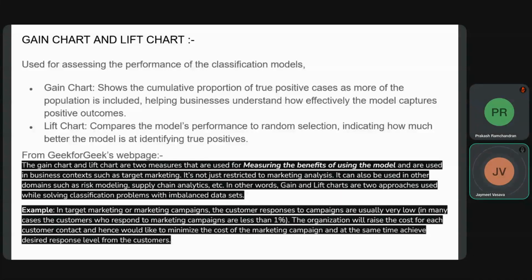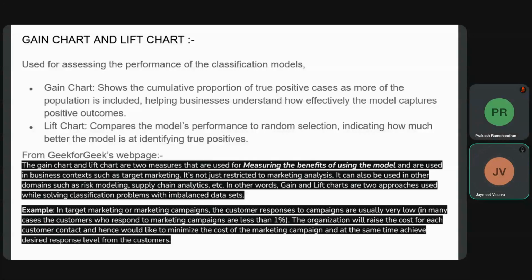So the gain chart shows the cumulative proportion of the true positive cases as more of the population is included, helping businesses understand how effectively the model captures the positive outcomes. So in a way, you can see the gain chart as how good the model is at predicting the positive outcomes.